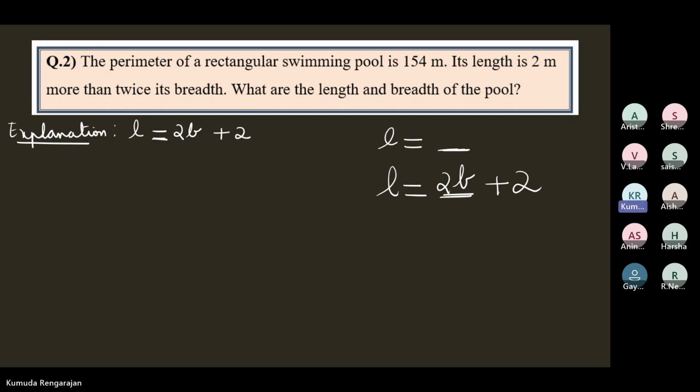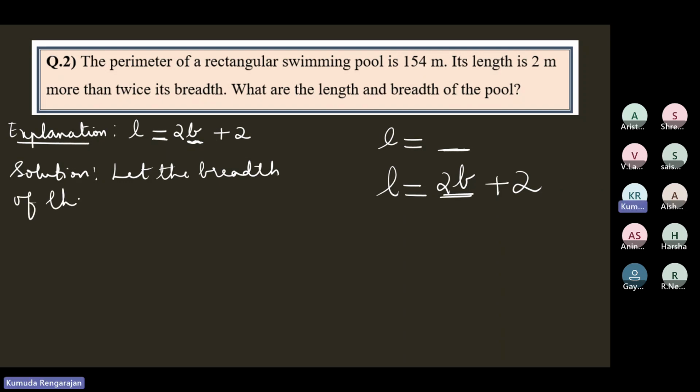So now you should start the solution like this. You can assume the breadth. So let the breadth of the swimming pool be x meters.